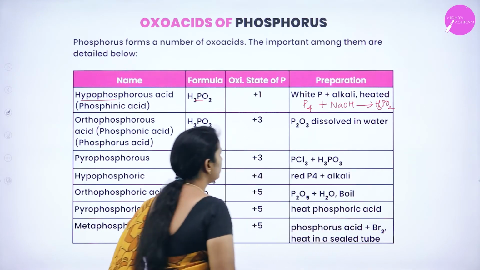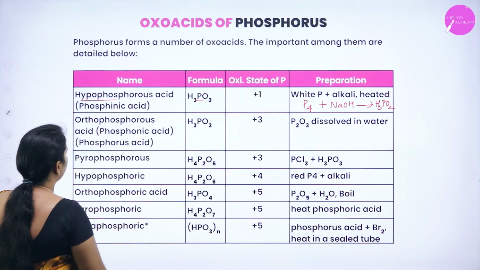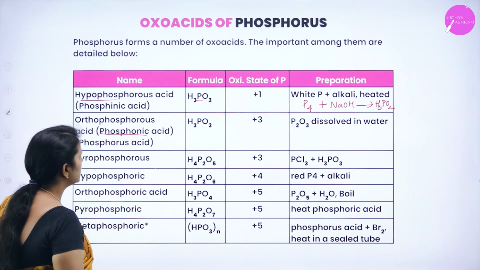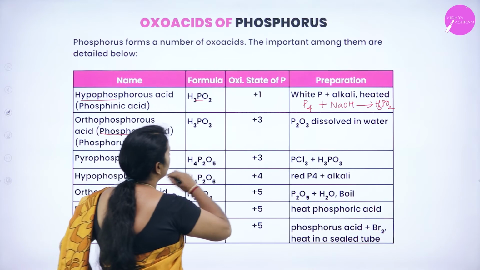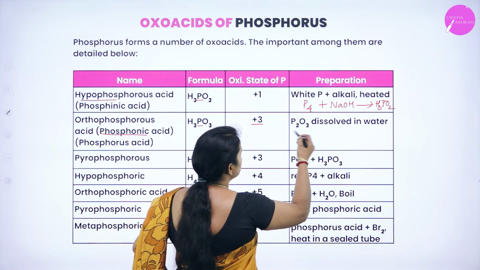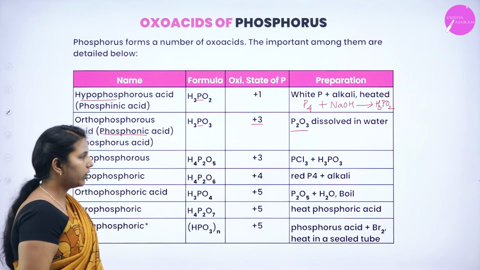Which gives us H3PO2. Then orthophosphorous acid, which is also known as phosphonic acid or phosphorous acid. The formula is H3PO3. In that, phosphorus has a +3 oxidation state and it is obtained by dissolving P2O3 in water.